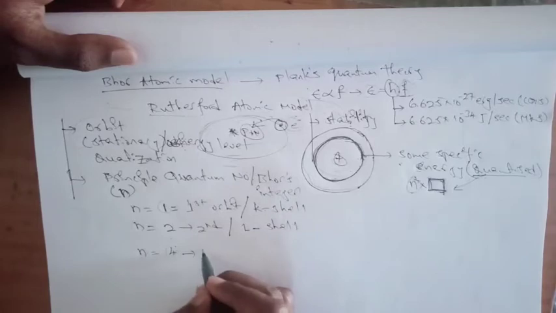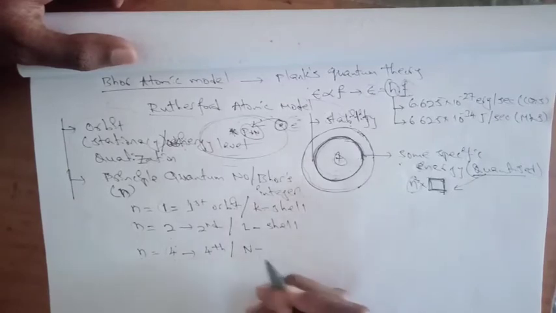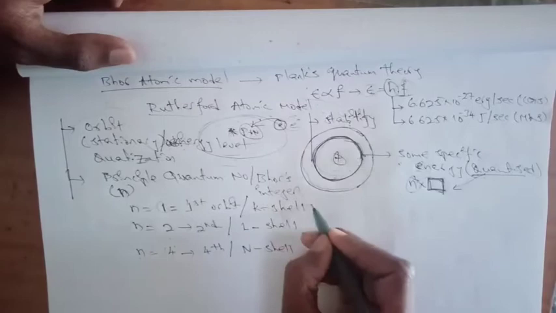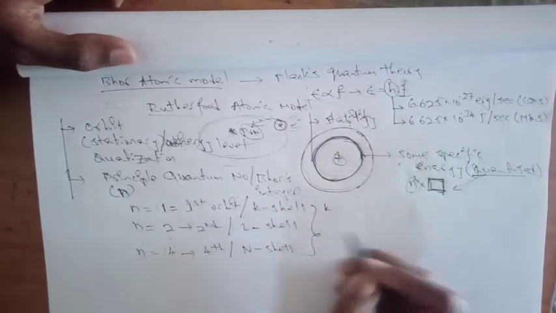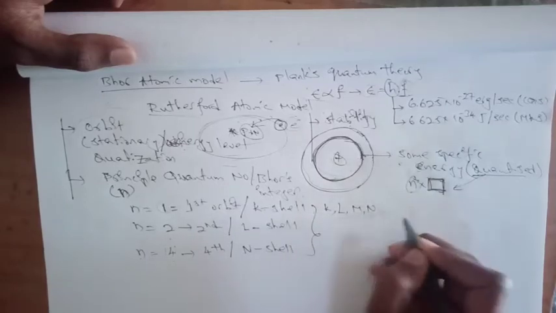So these shells are named according to the arrangement K, L, M, N and so on.